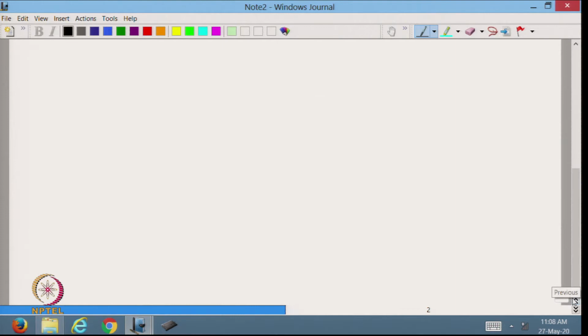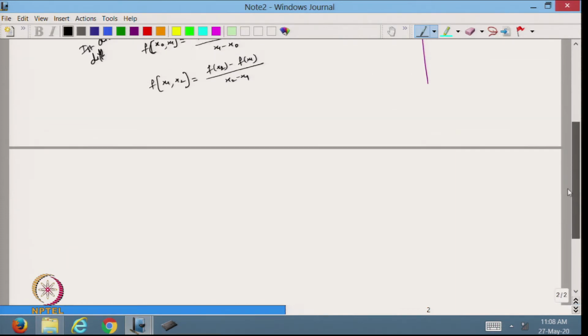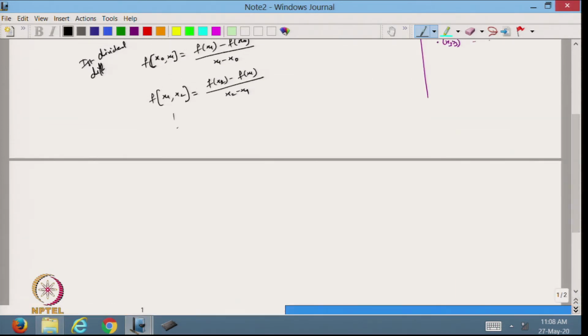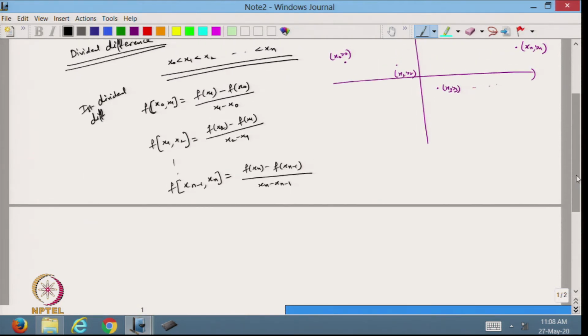In the same way we can define all the first order ones, up to f[xn minus 1, xn]. This one can be written as f(xn) minus f(xn minus 1) divided by xn minus xn minus 1. And if you remember from the previous lecture, this can be written as forward difference of f at x0.